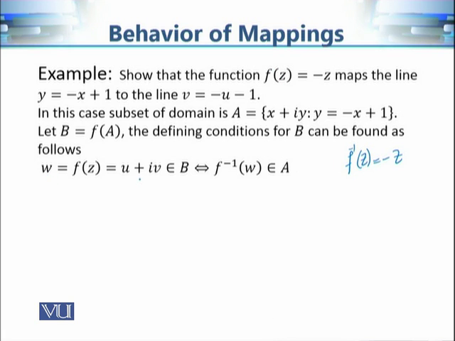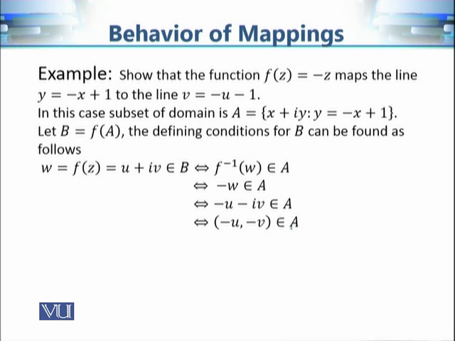Now we want to calculate what are the points u plus iota v such that they belong to the image B, and B is equal to f of A. This is only possible when we apply the inverse on this W and we get points of A. So f inverse of W is minus W, and from here we have minus u minus iota v which belongs to A. Using the condition we know that a point belongs to A if the y coordinate is equal to minus the x coordinate plus 1.